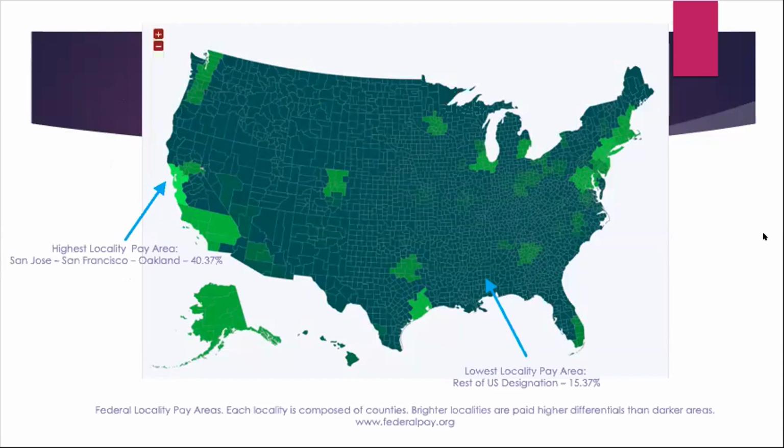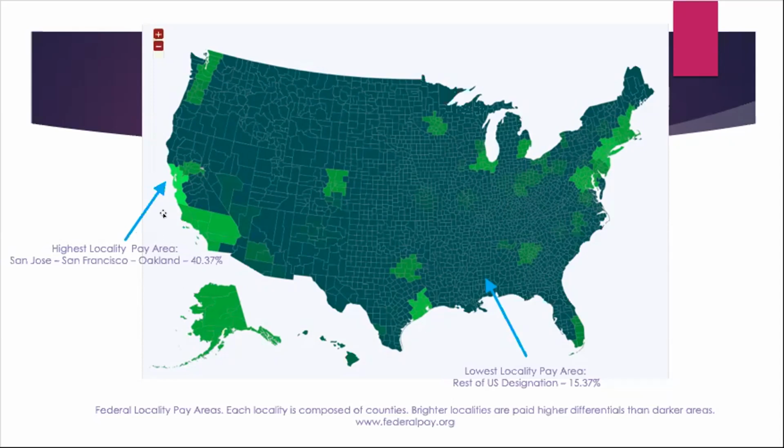So this is the map from federalpay.org, and it's like a heat map of where the highest locality pays are, and then that darker teal is going to be considered the rest of the US. So you can see over here that San Francisco, the Bay Area, is the highest locality pay area, where in addition to your base pay, you're going to be getting 40.37% more on top of that because this is considered the most expensive area in the country to live.